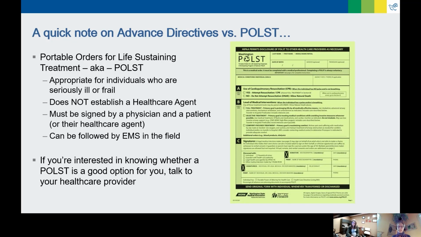This can be followed by emergency medicine in the field. A legal document cannot. So even if you take an advance directive where you said, I don't want CPR, and you post that on your refrigerator, emergency medicine cannot follow an advance directive, but they can follow a medical order. So a POLST form is intended to communicate to emergency responders a patient's wish to limit emergency medical care for some reason.